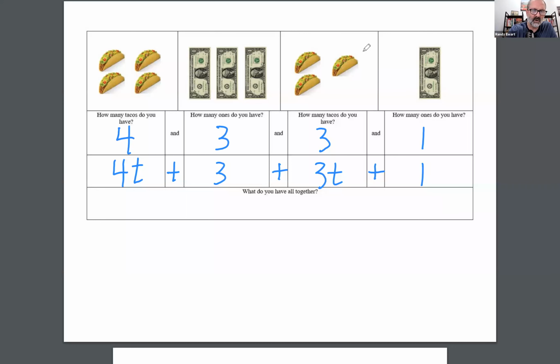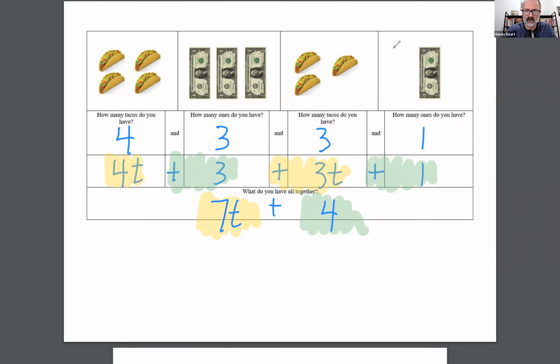So the tacos go together. I'm going to write the total for my tacos here. And then the dollar bills go together. And I'll write that answer here, combining what we call like terms. And so I have a total of 7 tacos plus $4, and that is simplified.